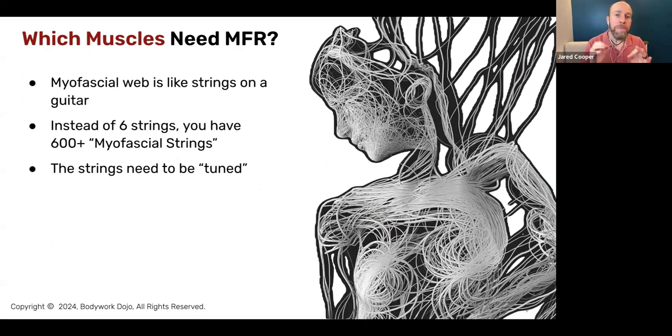Well, the human myofascial web is like strings on a guitar, but instead of 6 strings, you have 600 myofascial strings. And those strings need to be tuned. I am not a proponent of people buying myofascial release as a service and then the therapist just releasing everything.